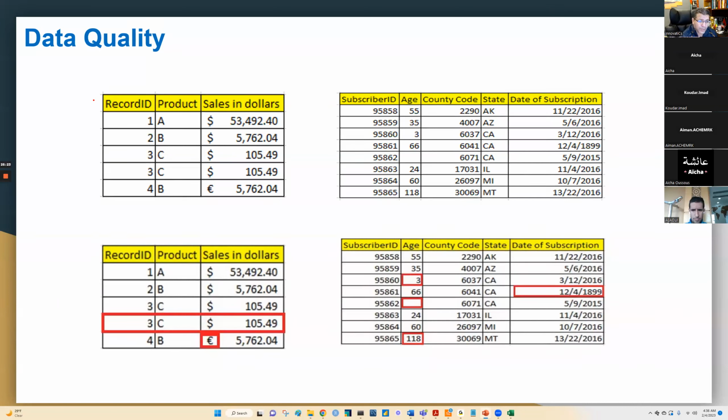If you look into it, the data is not consistent. We have some values in dollars and one value in euros. Of course, this is not consistent and is going to create a lot of bias problems later.